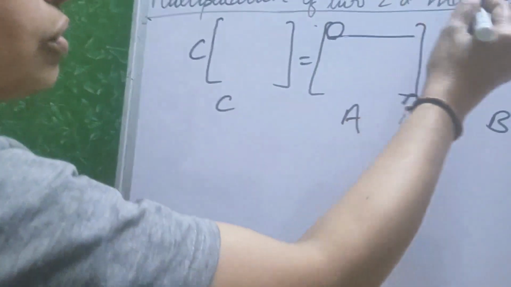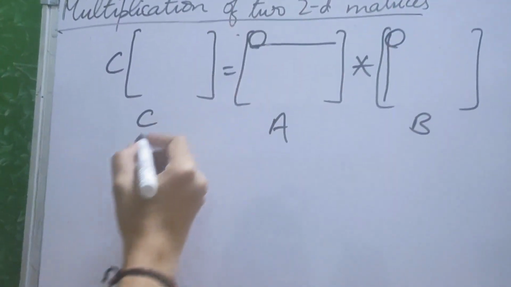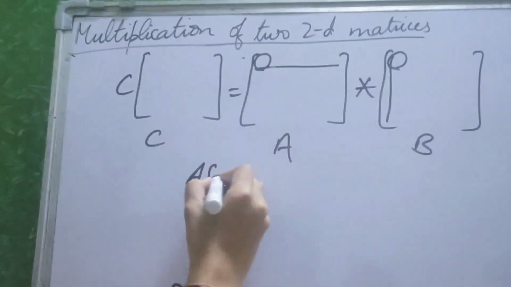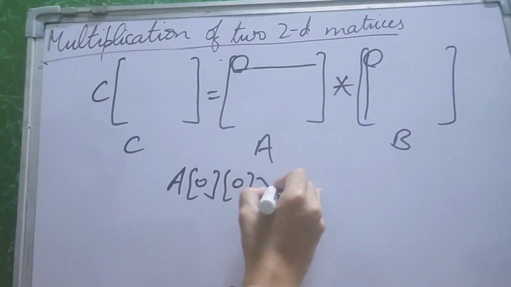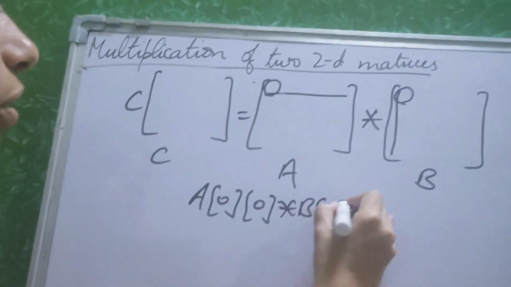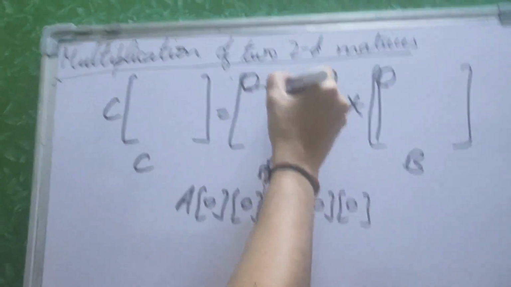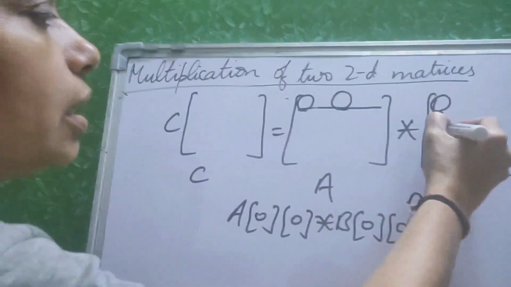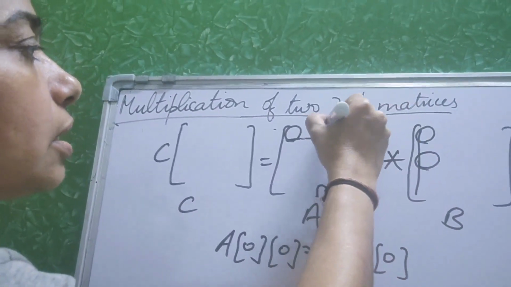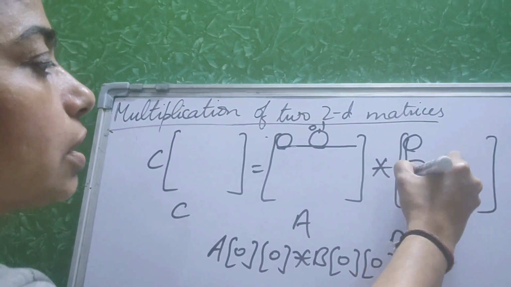First value multiply. That means A 0 0 multiplied by B 0 0. Next, this multiplied by this. It is 0 1 and it is 1 0.